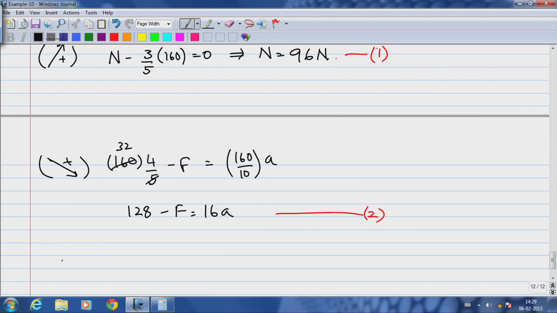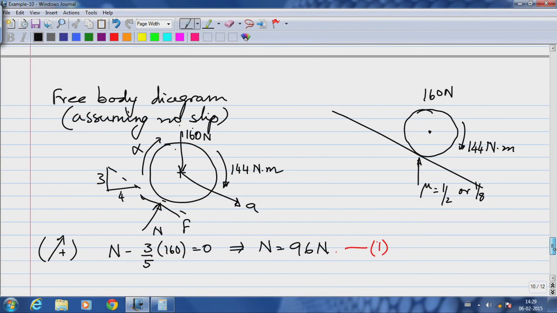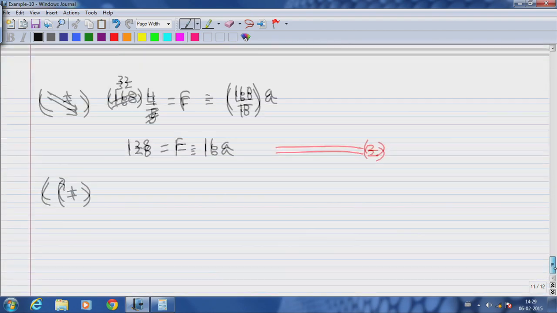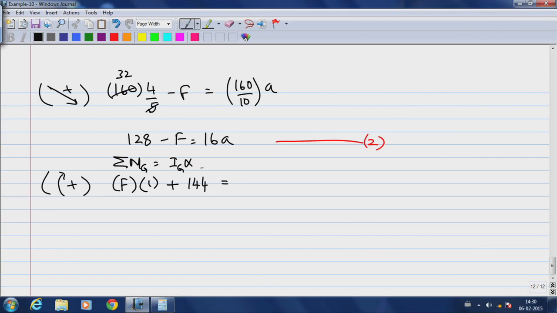The third part is going to be different because I am going to assume clockwise moments positive. The only force that causes a moment is the friction force, and that has a moment arm of 1, plus there is an additional external moment whose value itself is 144 Newton meters. This equals, so sum of moments equals Ig times alpha. The first moment is due to the friction force, the second moment is the external moment.